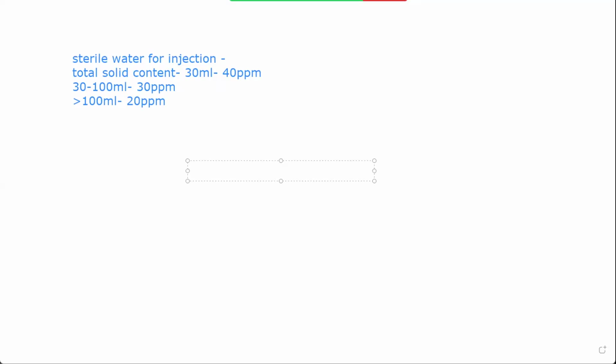Yes, preservatives. Preservatives are added in the bacteriostatic water for injection, so it can be used for both single dose and multiple dose. The most widely used preservative is benzyl alcohol.